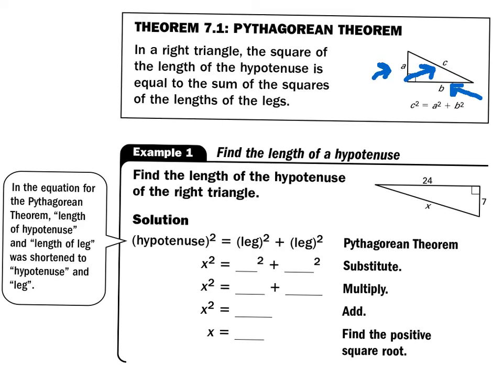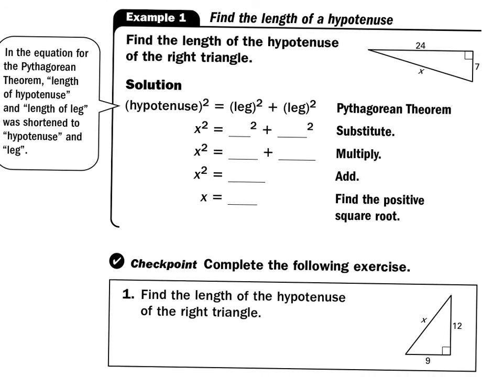So let's look at example 1. Find the length of the hypotenuse of a right triangle. So we write down the formula. Hypotenuse equals leg squared plus leg squared. We substitute in for what we know. 24 squared plus 7 squared.